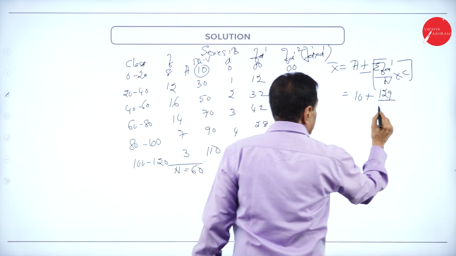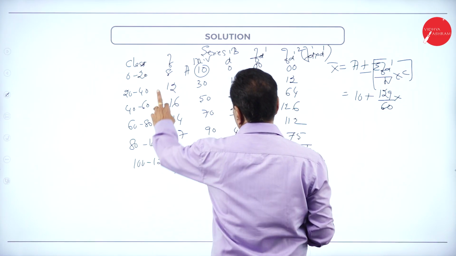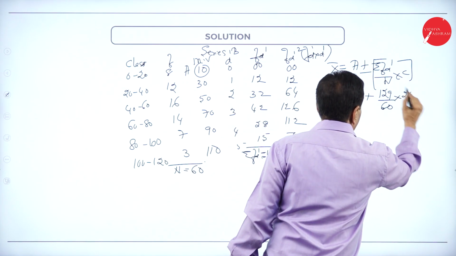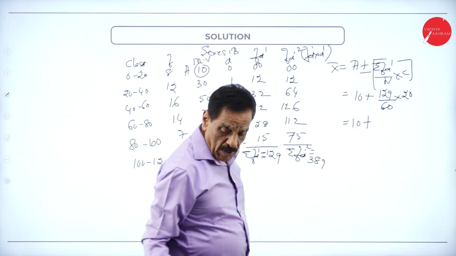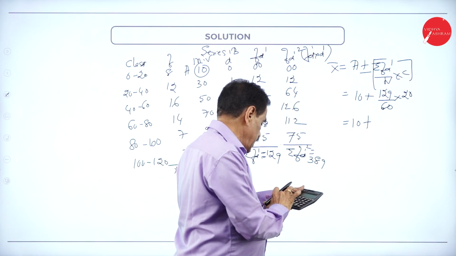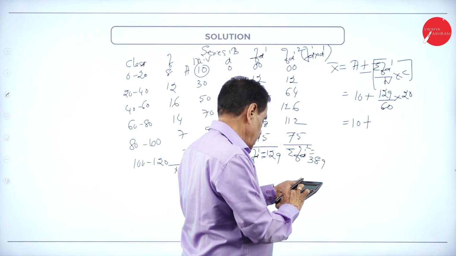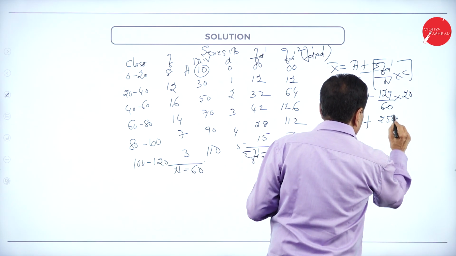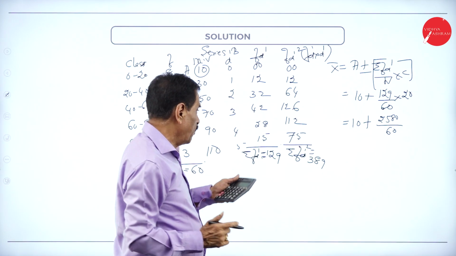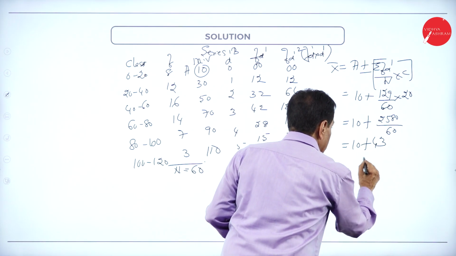Number of frequency is 60, into class interval 20. So 129 into 20 is 2580, divided by 60, 43. 10 plus 43 is equal to 53.